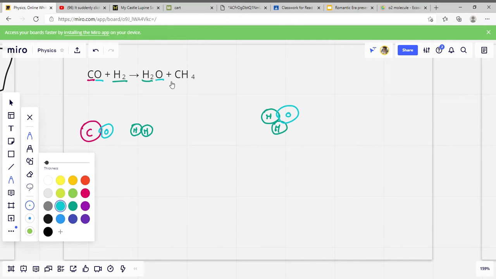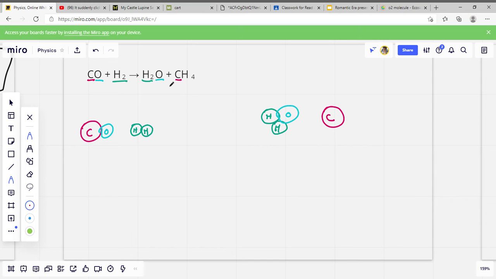And then we have a CH4. So our C. And then we have 4 more hydrogen atoms. Okay, so that's what that's supposed to end up as.